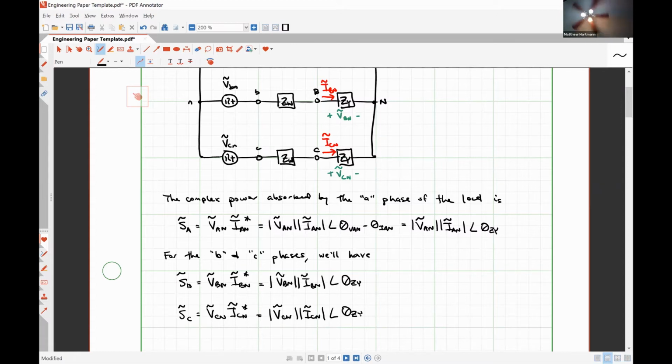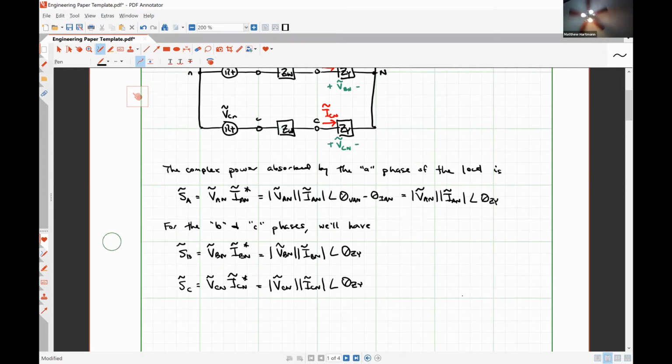And we know that the magnitudes of VAN, VBN, and VCN are equal for a balanced three-phase system. We know that the magnitudes of IAN, IBN, and ICN are identical for a balanced three-phase system.